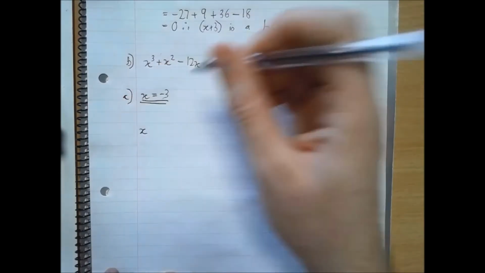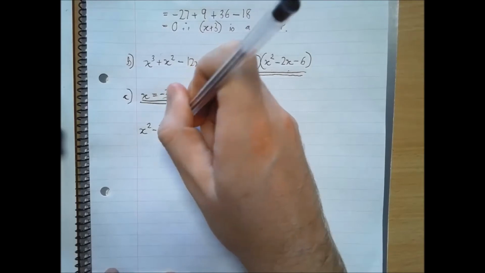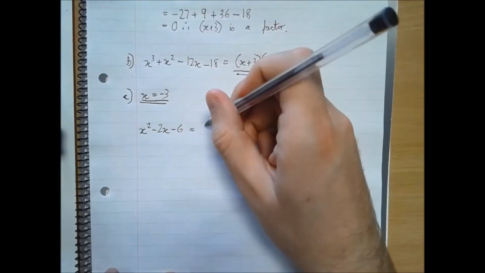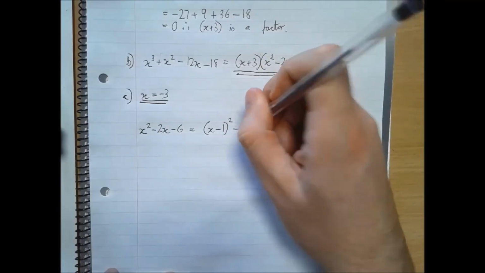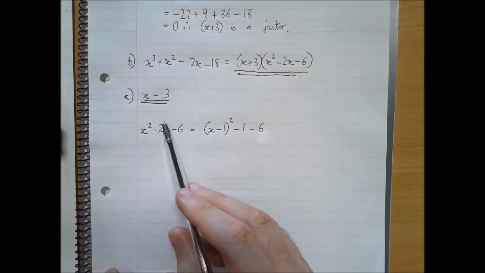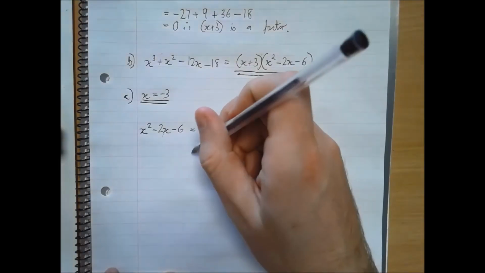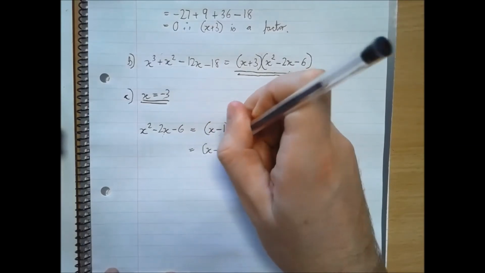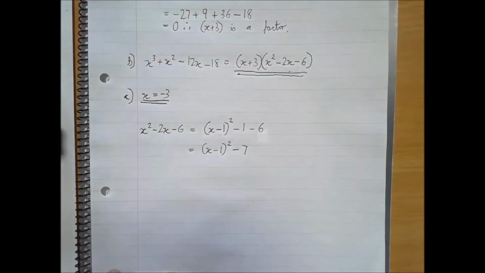If you have a look, x squared minus 2x minus 6, well that'll be the same as saying (x minus 1) all squared minus 1 minus 6. Because I halve the coefficient in front of x and then take away the square. And of course that will equal (x minus 1) squared minus 7, like that.